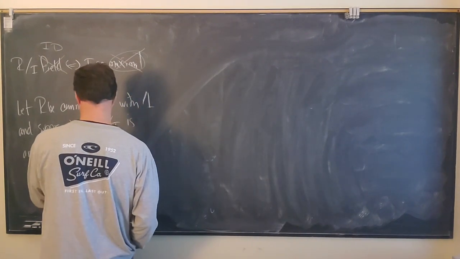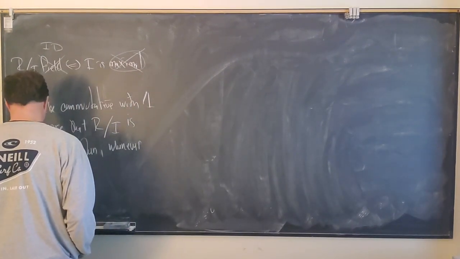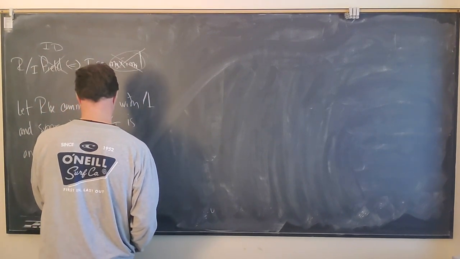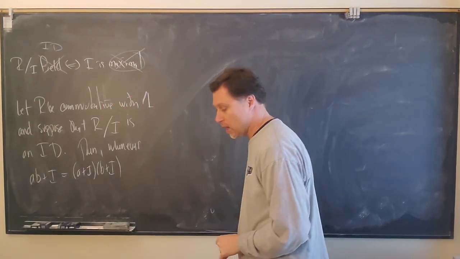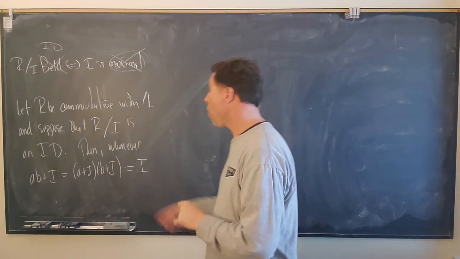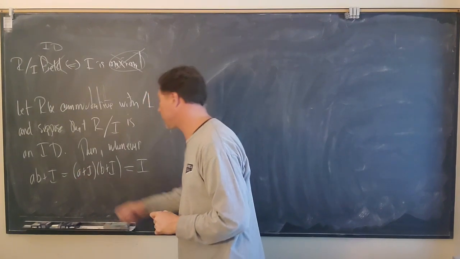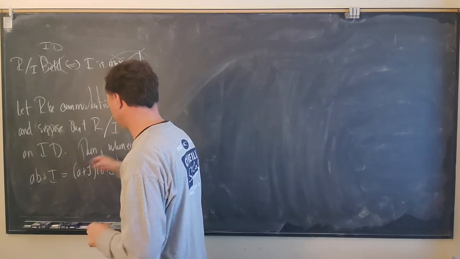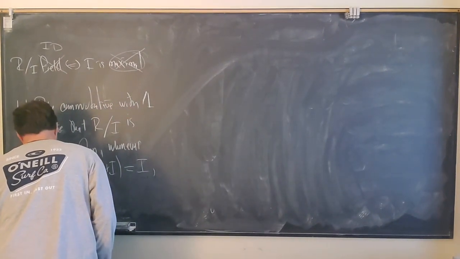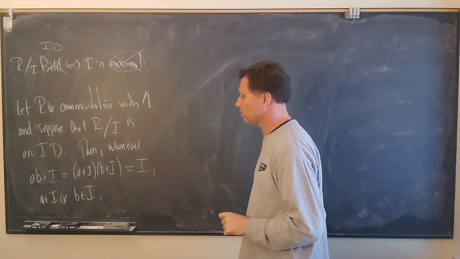Whenever (AB plus I, that's the product) A plus I times B plus I is equal to I, one of these two has to be the identity, which means either A is in I or B is in I. So whenever (A plus I)(B plus I) is equal to I, A is an element of I or B is an element of I. Can't have zero divisors.